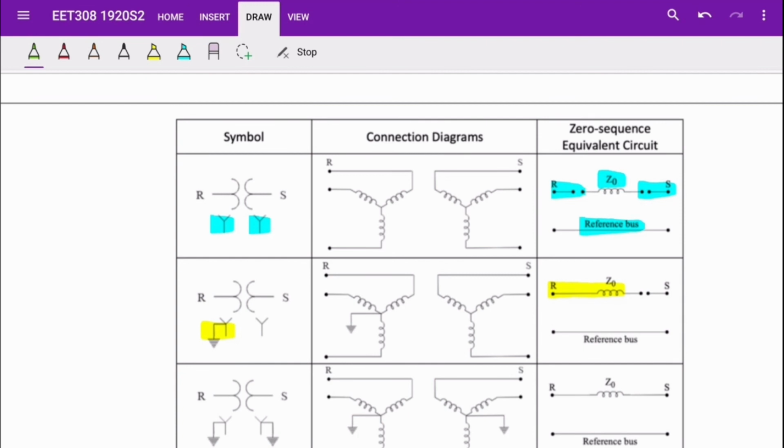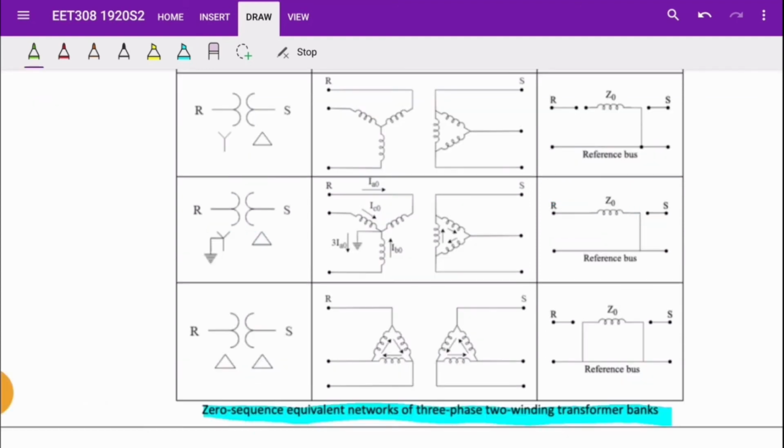The third connection is Y grounded to Y grounded connection. In this case, all windings are connected to the ground. Therefore, both sides of impedance Z0 are connected. Next is Y to delta connection.